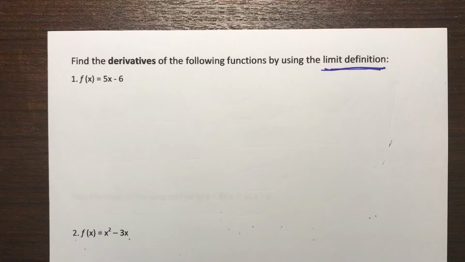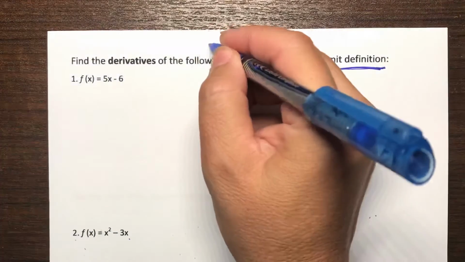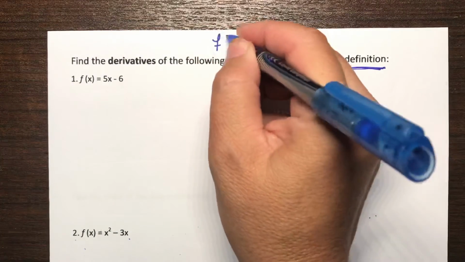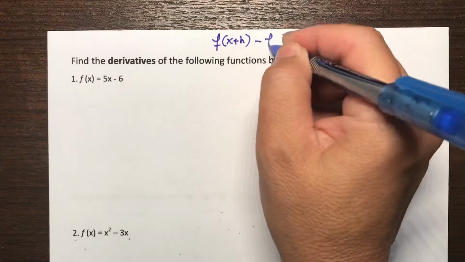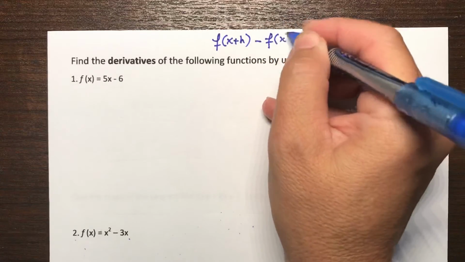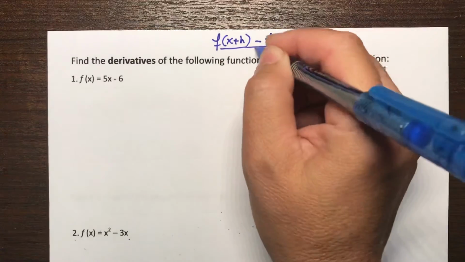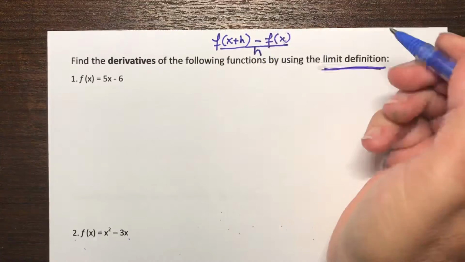What was the derivative? The derivative was the instantaneous rate of change in the function, right? Which is found by doing what? The slope of the tangent line. Yes? No, that's the slope of any secant line.